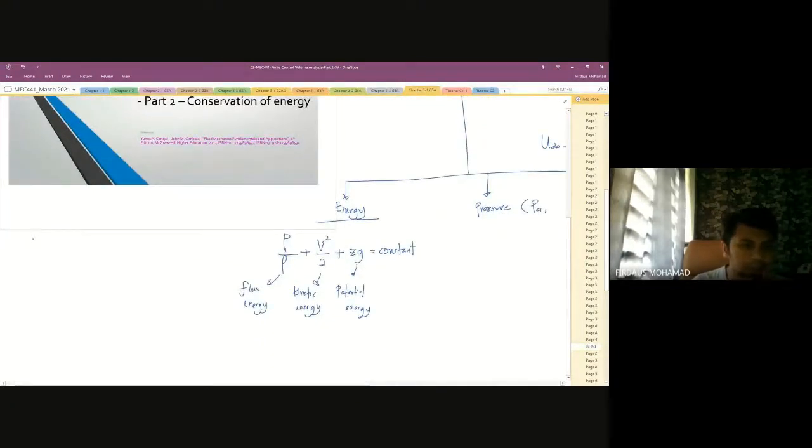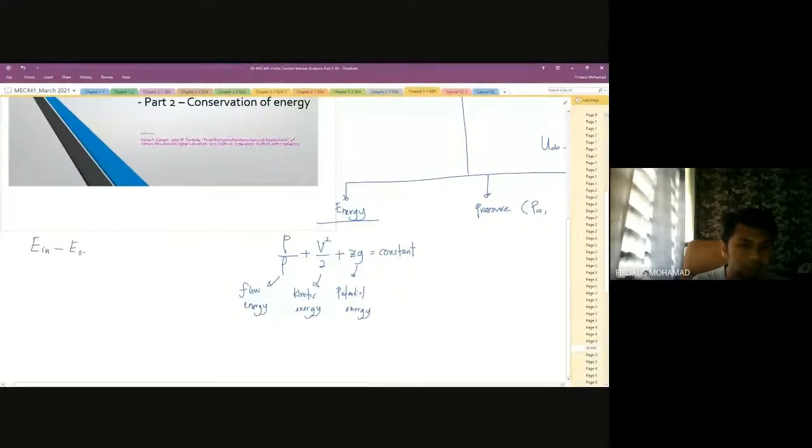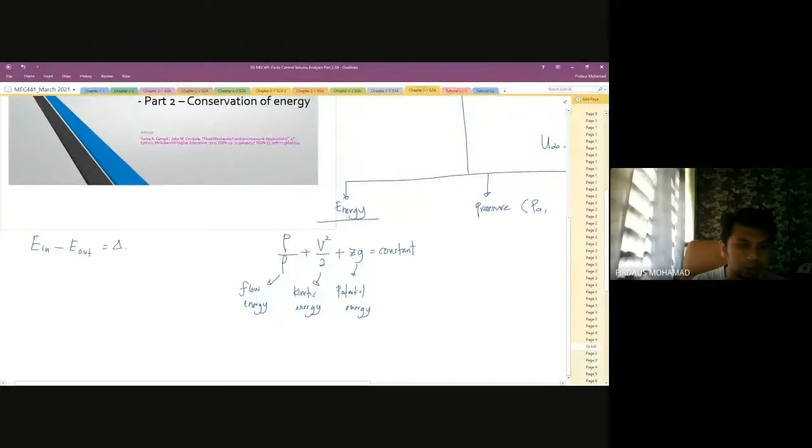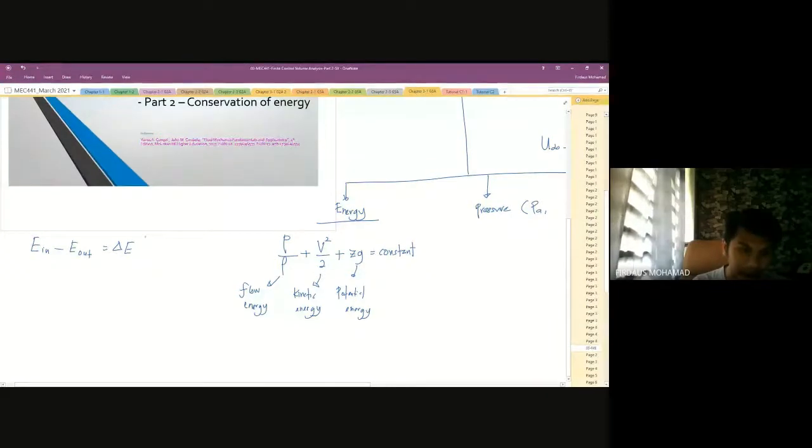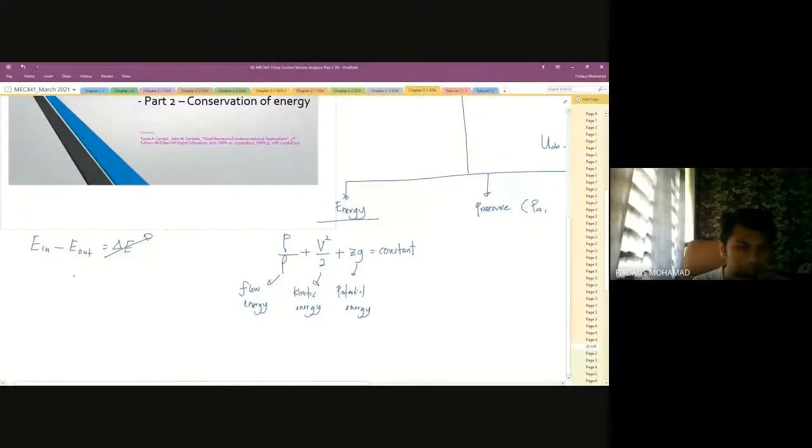Sebab based on the conservation of energy principle, kita tahu energy in tolak energy out equal to delta change of energy. Okay, so for the Bernoulli equation, this is only for steady, so nothing changes with time, so that's why kita dapat energy in equal to energy out.